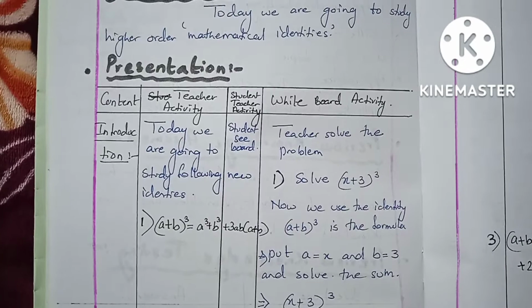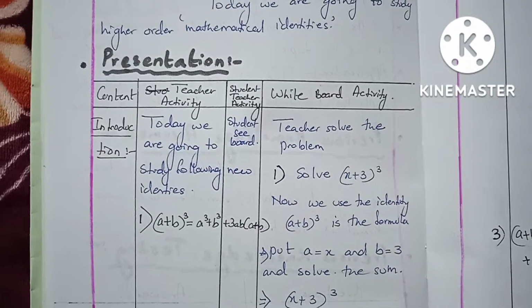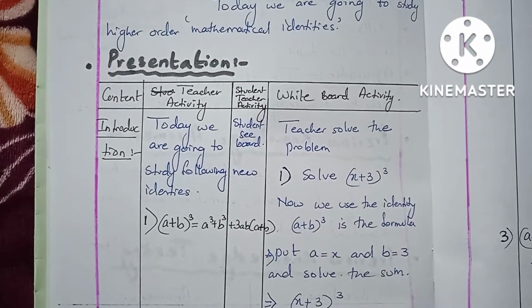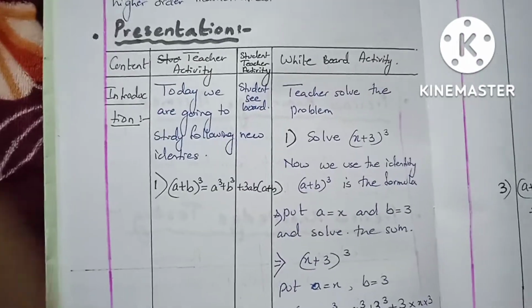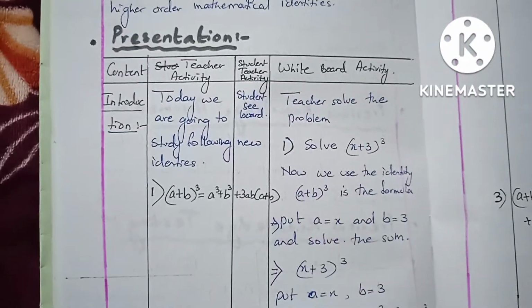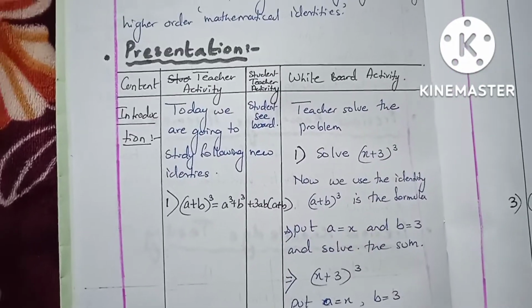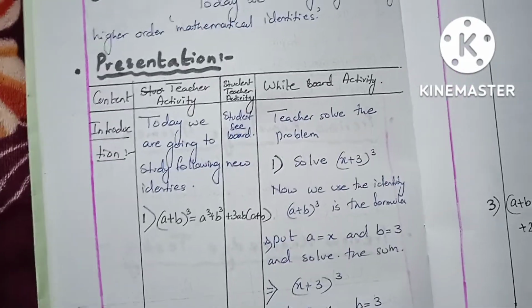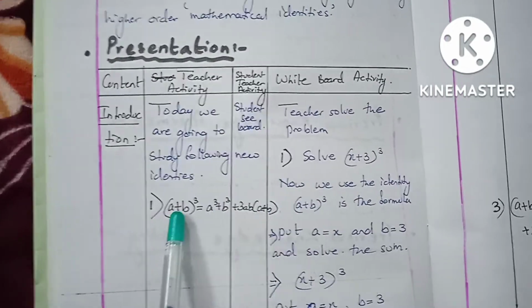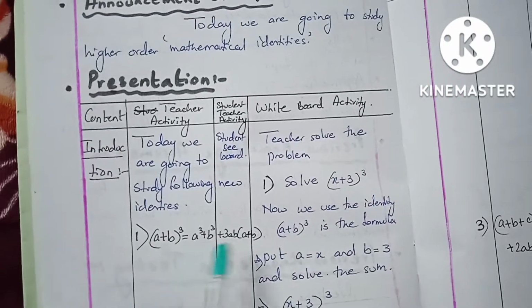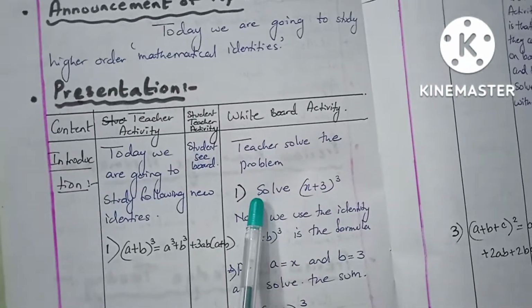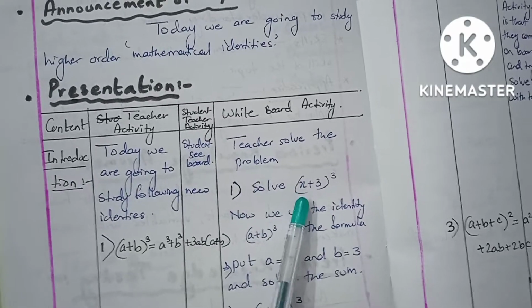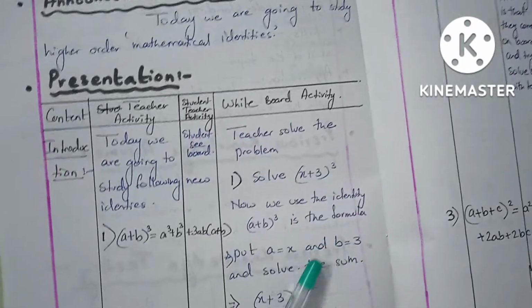The presentation is as follows. The teacher introduces the identity (a plus b) cube is equal to a cube plus b cube plus 3ab bracket (a plus b). This is the mathematical identity introduced. Then the teacher writes a problem on the board, (x plus 3) whole cube.